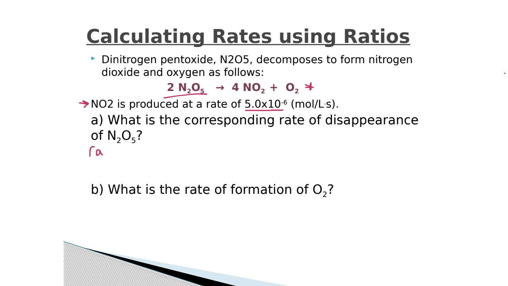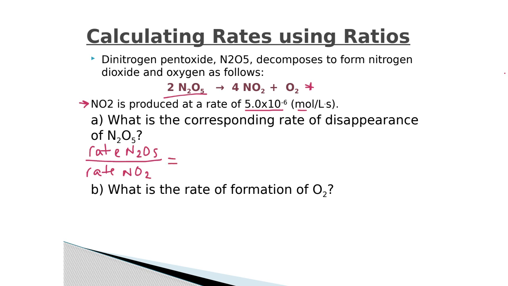So what we're going to do is set up a mole ratio, and we can use rates in here because rates have a mole unit within them. So we want to know what is the rate of N2O5, and we're going to compare that to the rate of the substance that they gave us. So we know what the rate of NO2 is.